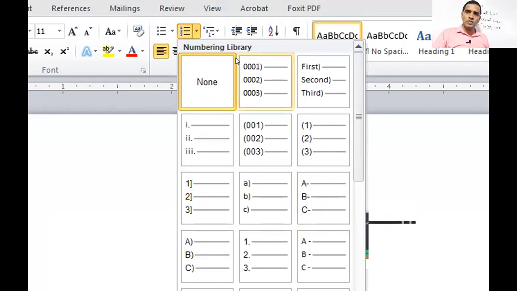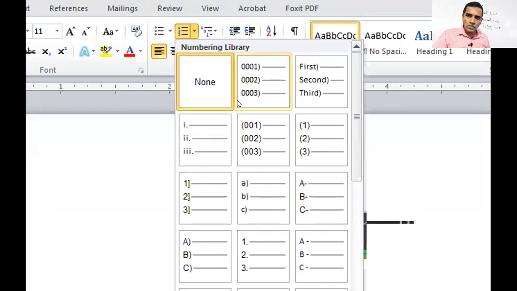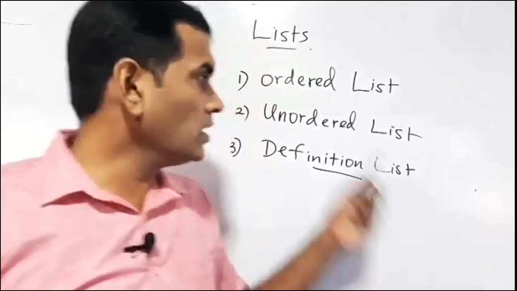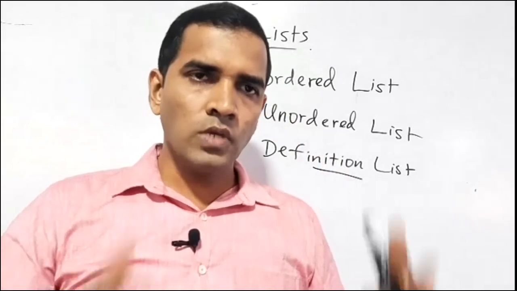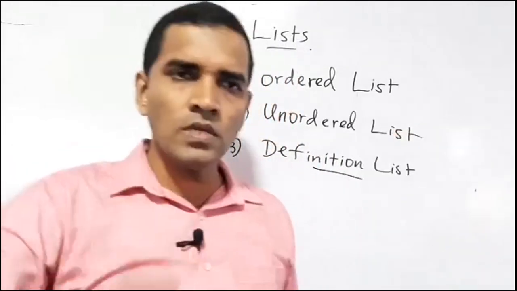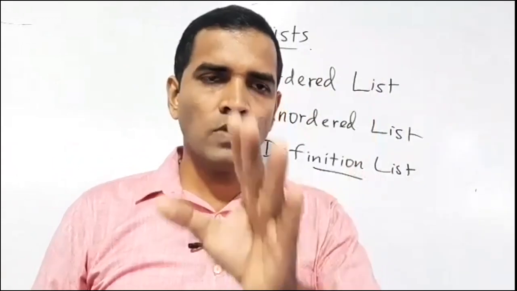So how can you name this as numbering list? Because according to this word processing software, this list is named as numbering list. But this numbering list also has alphabets. So naming this one as numbering list may not be appropriate, right? Because when you see the word numbering list, you may think that it is only number. No, it is also alphabet, right? Have you understood? That may be the reason why here it is named as ordered list. So in HTML ordered list, the list is created based on numbers as well as alphabets.